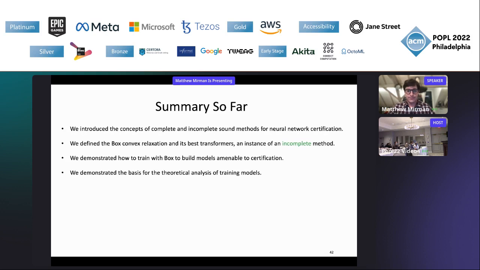Did you certify ahead of time or at runtime? Both. Certifying ahead of time gives you a guarantee on your ability to certify things correct at runtime, but it's a fairly weak guarantee. Certifying at runtime is a strong guarantee that says this decision that I have made is decidedly robust. Okay, that makes sense.